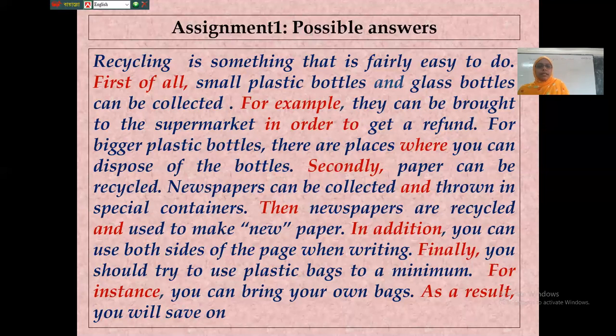Dear students, here are the connectors in the answer: first of all, for example, in order to, secondly, then, in addition, finally, for instance, as a result.